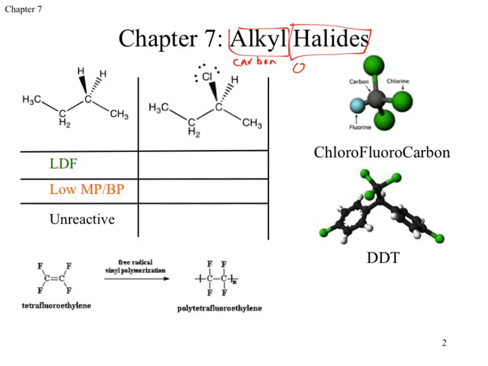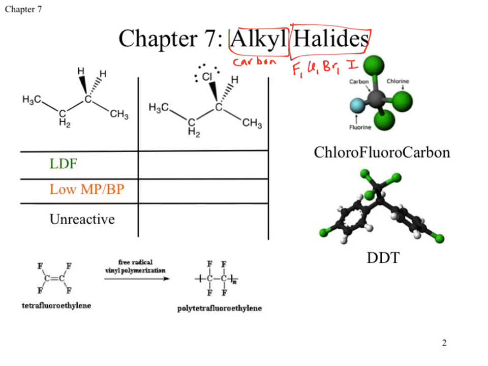So we're looking at fluorine, chlorine, bromine, and iodine. So anytime we see any of those elements attached to a carbon, our first pass at what that functional group is going to be is an alkyl halide. We've got a couple example structures up there. We'll talk about those in a little bit.